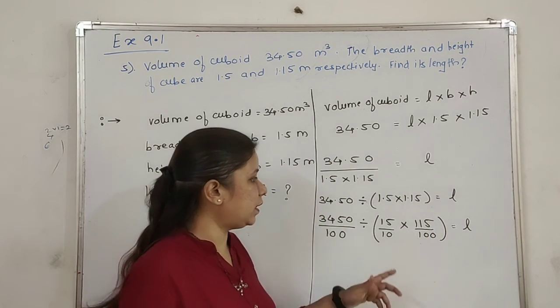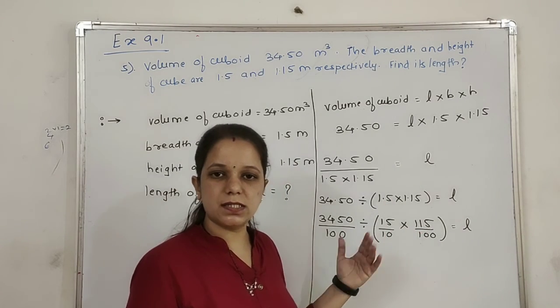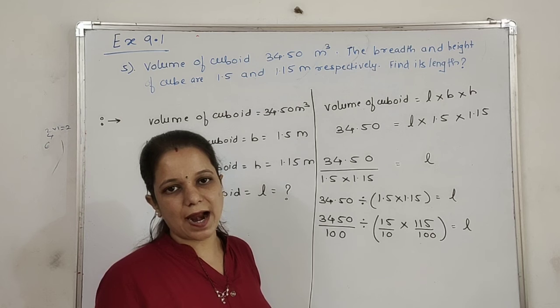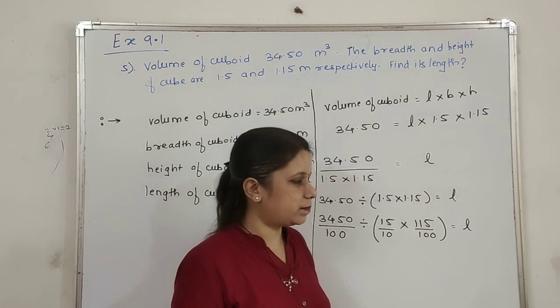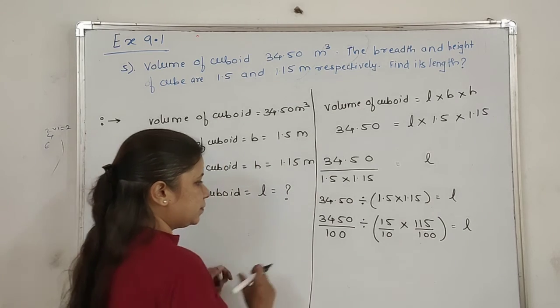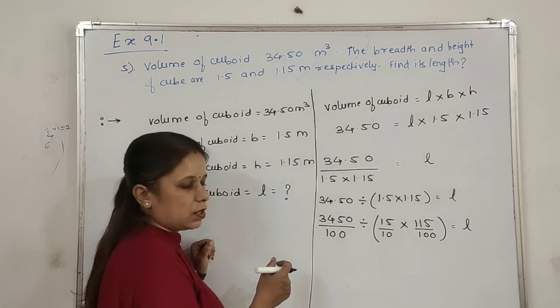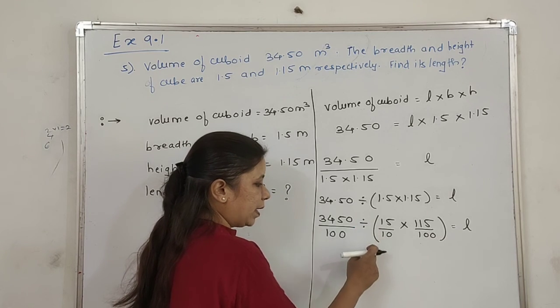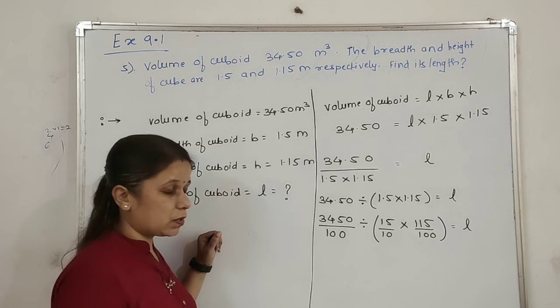Just see carefully. Number of digits after decimal point, that many zeros you have to add at the denominator to remove the decimal points. Now division is reverse multiplication. So if we put here the multiplication sign, we will have to make it reverse, ulta. Okay.